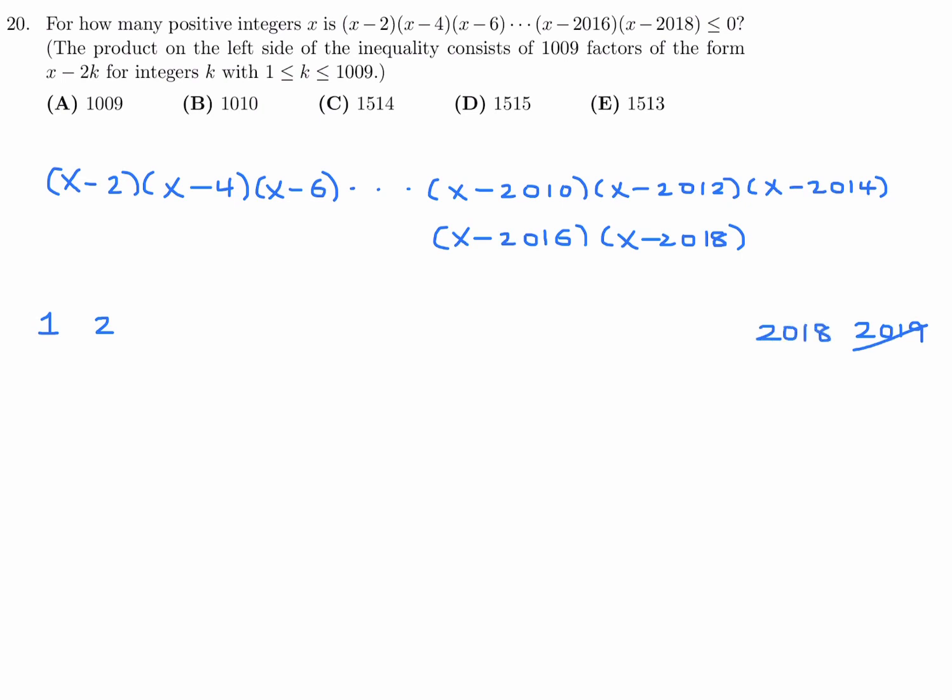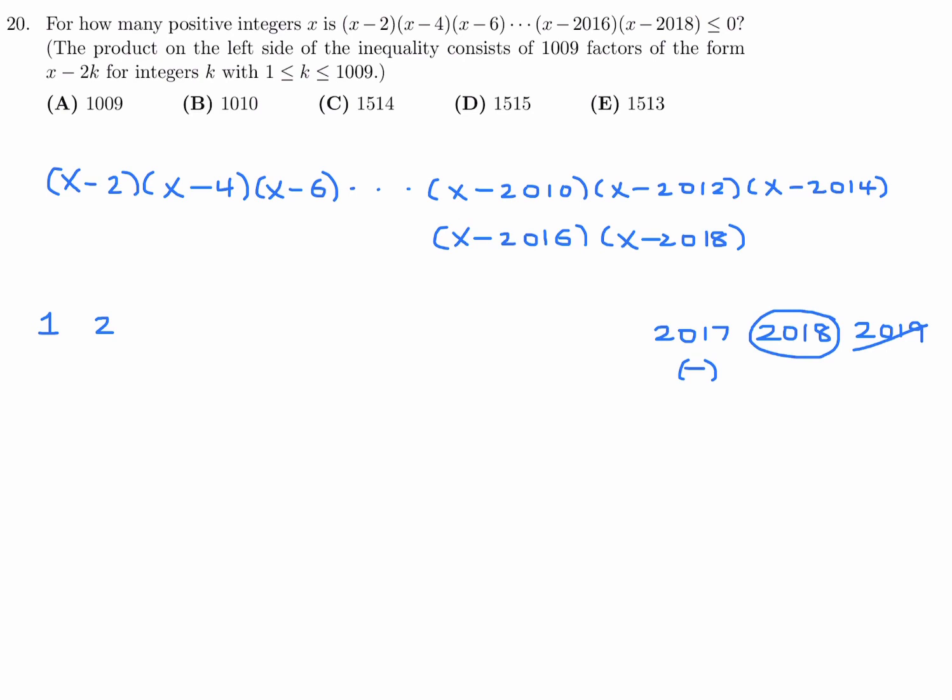When x is 2018, that becomes 0, so that entire product will definitely be equal to 0. Let's circle that, because we're going to keep those circled values. 2017. Now we get into the interesting stuff. When x is 2017, this expression is negative, but everything else will be positive: that will be 1, that will be 3, and that will be 5, and so on.